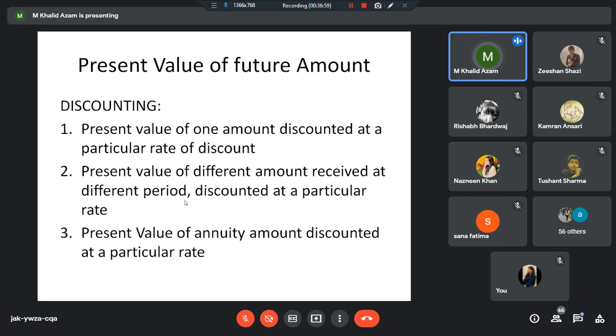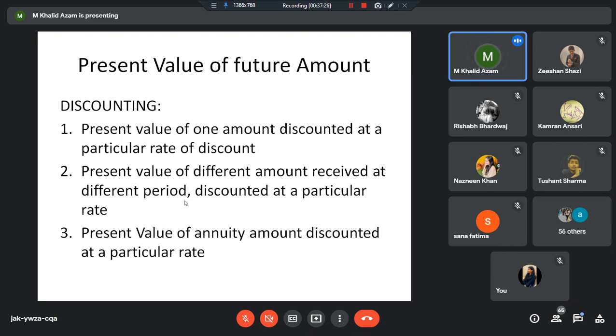So the amount you receive at the end of year one and the amount you receive at the end of year two may be the same, but in terms of value when you discount, they are not the same. So 1,000 you get in the first year and 1,000 you get in the second year, their value in terms of time value of money is not going to be the same.